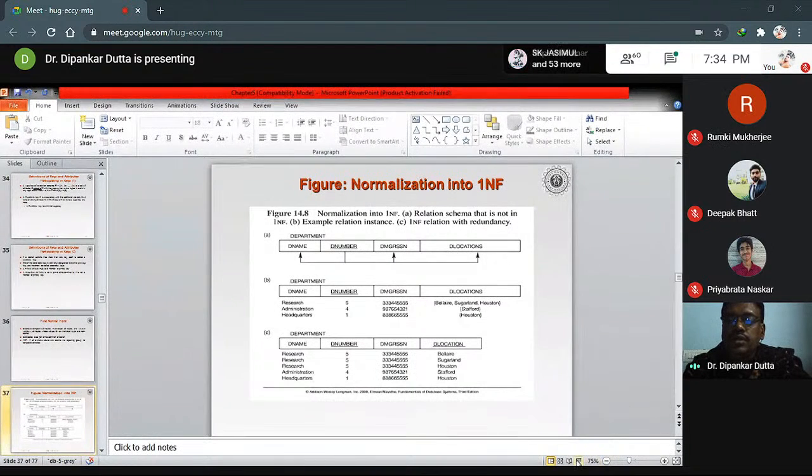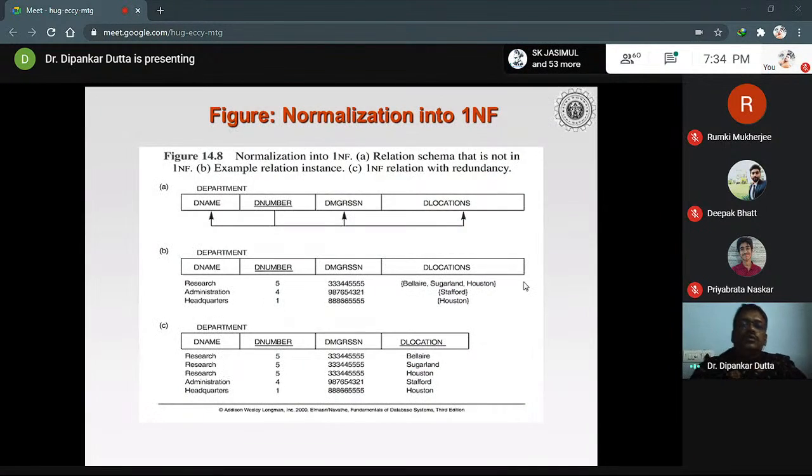Okay, now suppose we are writing the department table like this. In the department table, or department relation, D number is the primary key. Then the other attributes are D name, DMGR SSN, meaning department manager SSN, and D locations.